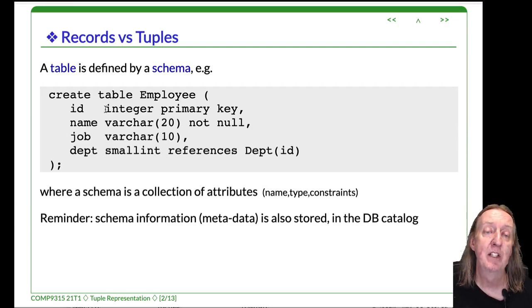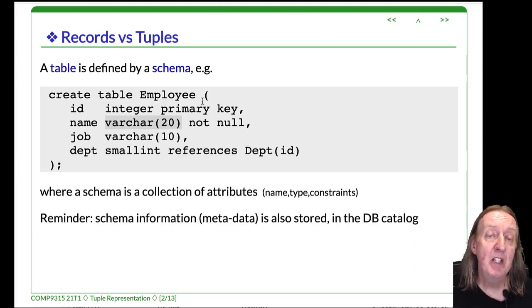So we know that an integer is a 4-byte value, a small int is a 2-byte value, a varchar is up to 20 characters, but the actual value could be anywhere from 0 characters if the person had an empty name, or could be all of 20 characters, and similarly the job can be any number of characters up to 10.